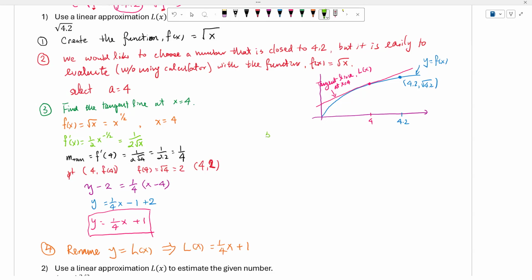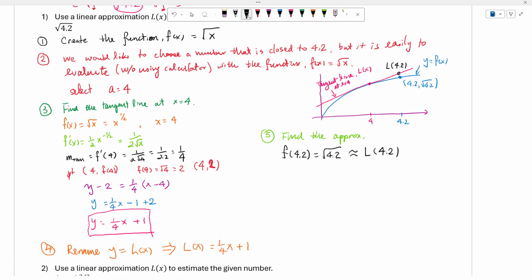Then step 5, I would like to find the approximation now. That means I have f of 4.2, which is equal to square root of 4.2, which is approximately equal to L of 4.2.